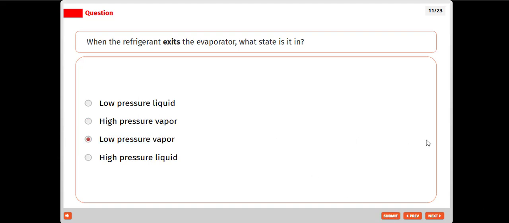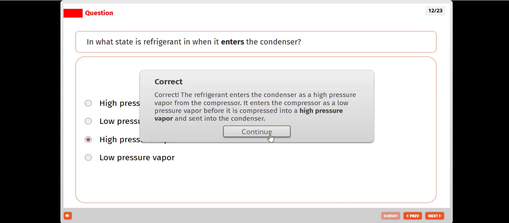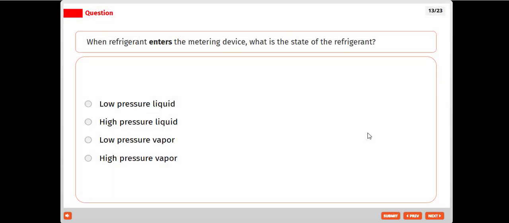What is the state of refrigerant when it enters the condenser? It will enter the condenser as a vapor, a high pressure vapor.